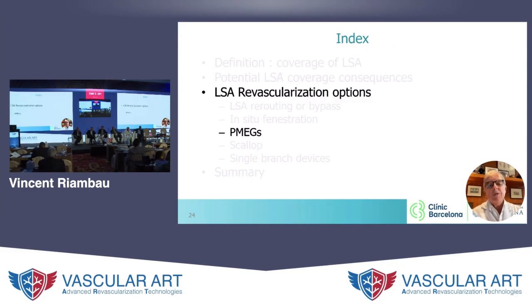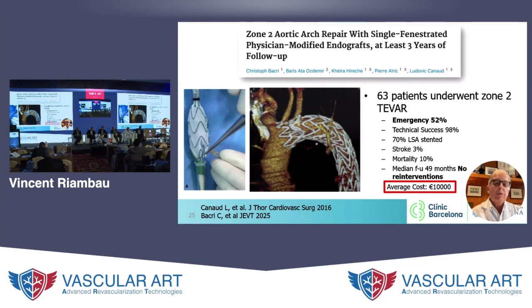About the physician-modified stent graft, it is also possible because there are many anecdotal and non-anecdotal series already published, with an average cost of about 10,000 euros, including the endograft. In this particular series, with an important number of emergencies, technical success is so high, and the mortality is 10%.